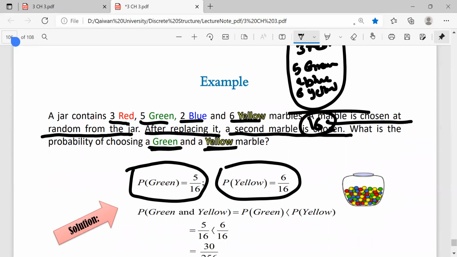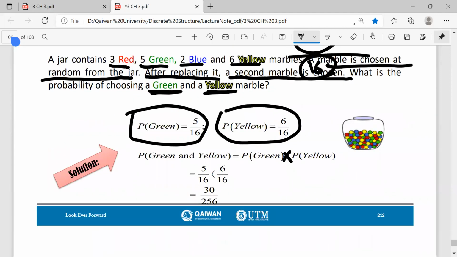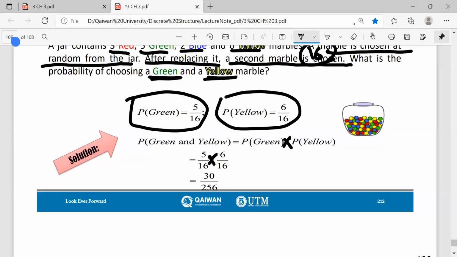The probability of green and yellow is the probability of green times the probability of yellow. This is multiplication, which is 30 over 256. We just multiply the probabilities because these are independent.